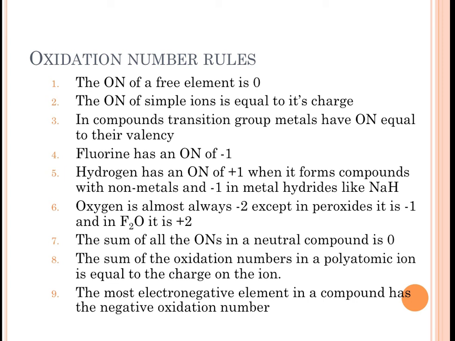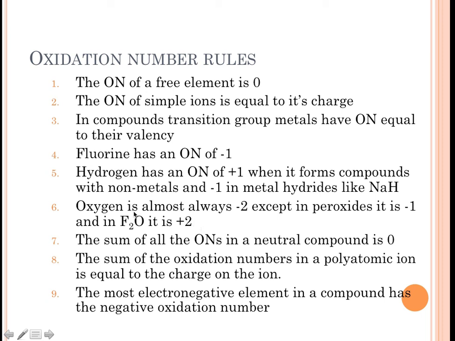Oxygen is almost always -2. The exceptions are peroxides. H2O2 is pretty much the only peroxide you're going to see, and in that compound it is -1. And in F2O, because fluorine has to be -1, and the overall charge, look at it, no overall charge, it's 0, so the oxygen has to be +2 to balance that out.